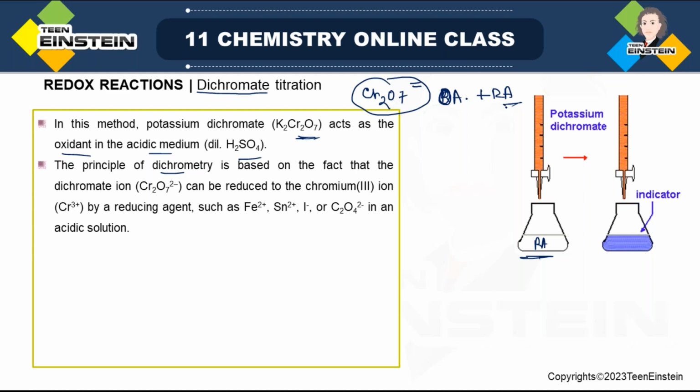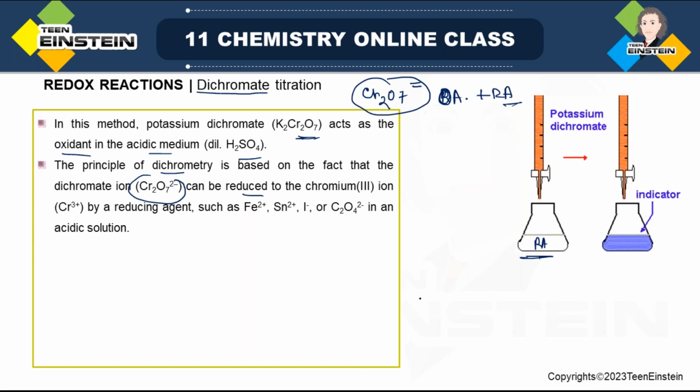Remember, analyte. That is why the name is dichrometry. The principle of dichrometry is based on the fact that this ion, the oxidizing agent, will be reduced by some reducing agent that we take in the conical flask, to chromium 3.